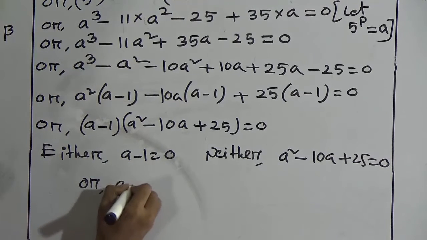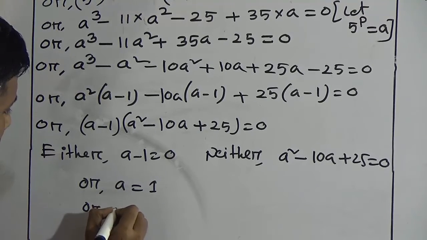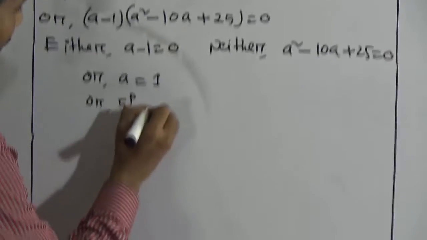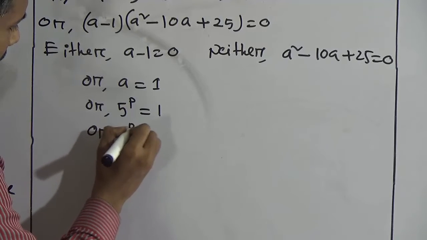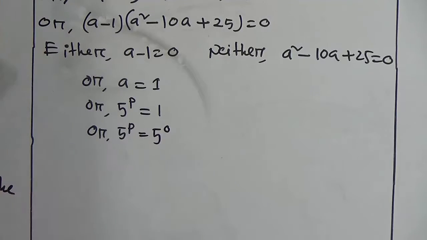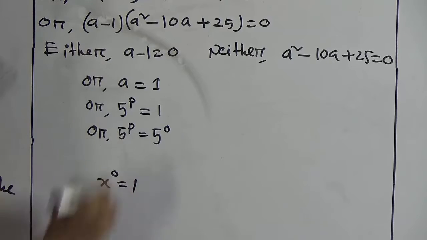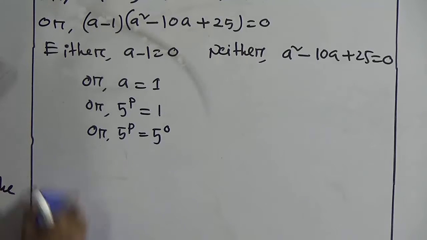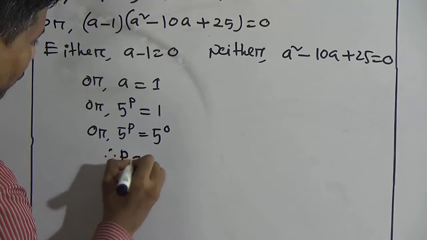So a equal to 1. You see, student, a equal to what? A equal to 5 power p, and 1 we can write as 5 power 0, because 5 power 0, that means what? 1. Not only for 5 power 0, for any power of 0, this means 1. Okay? Now 5 vanish, therefore we get p equal to 0.